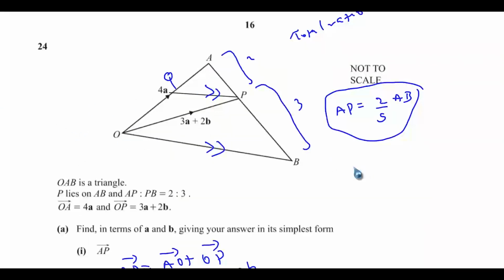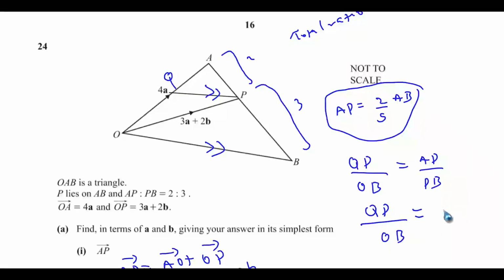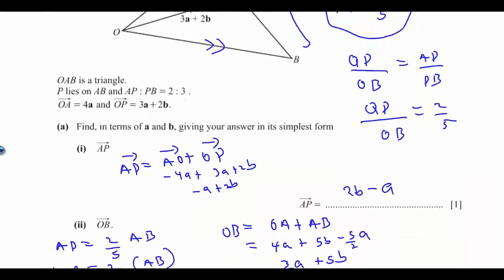So I will say QP ratio OB is equal to AP ratio PB. I will use their ratio, and I know that QP, which is what I want to get, over OB is equal to the ratio of AP to PB, which is 2 to 5.